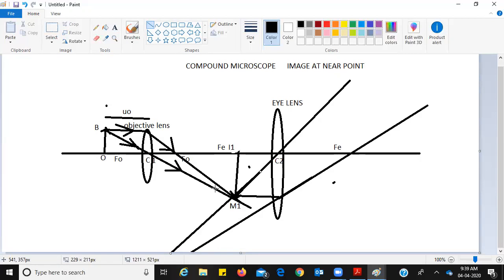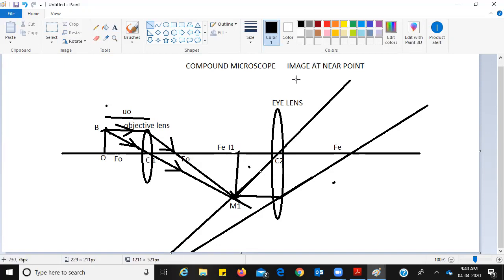You understood how to draw this way? Yes, sir. I can retry the other way. In this case, we don't have to bring it back to 25 centimeters, because it's the second case, the near point.